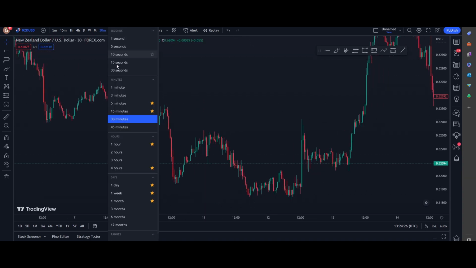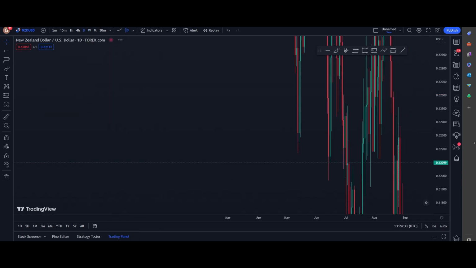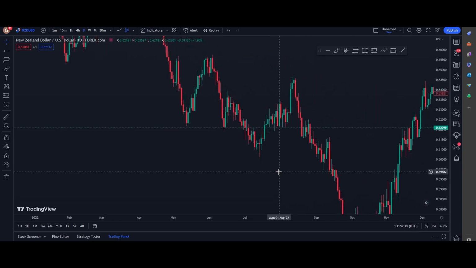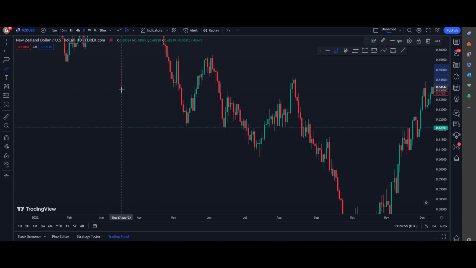We'll go to the daily to show you some examples and how you can use this to help your trading. On the screen now you can see the bearish engulfing bar pattern. You can use this to get entry confirmation for a sell if you really understand where and when to look for it in the market. Let's say you see a big bearish candle just after a small bullish candle.